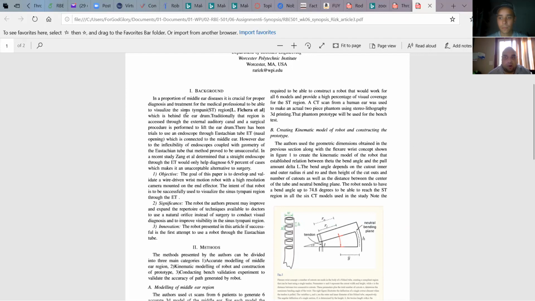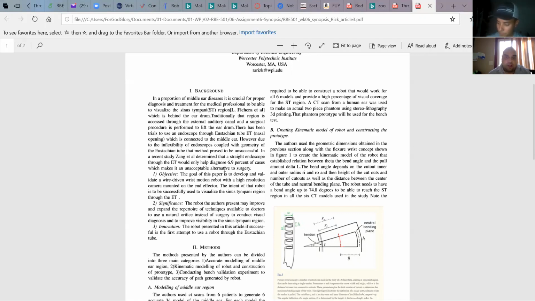Right now, all they have is a straight endoscope. Studies found that with a straight endoscope and camera, in only 6.9% of the cases can they visualize the area beyond the middle ear. Other than that, it's not successful.